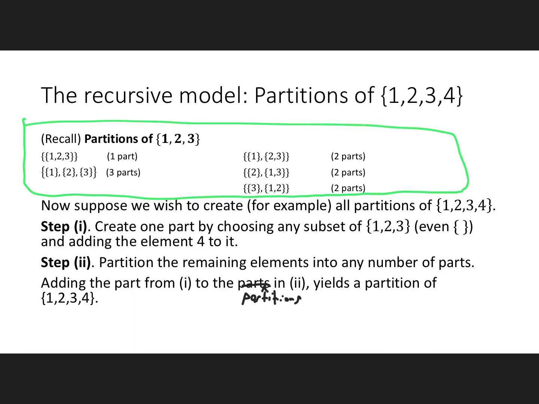One way we can do that is just to decide what the part that has 4 in it looks like. That part could be 4 by itself, or it could be 4 with any of the numbers 1, 2, 3. So step 1 is choosing a subset of 1, 2, 3, even the empty set, and adding the element 4 to it.